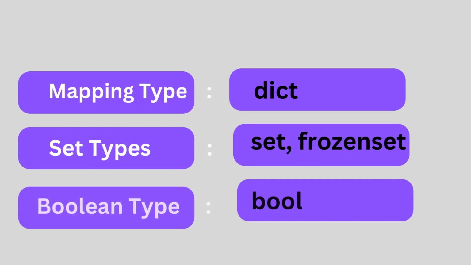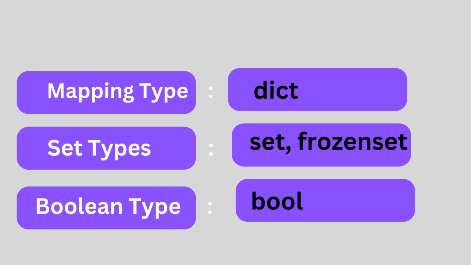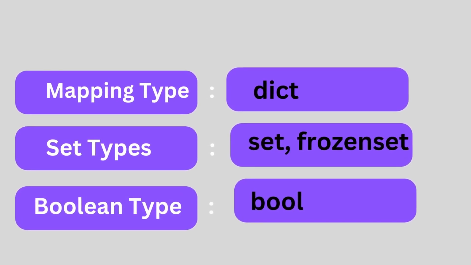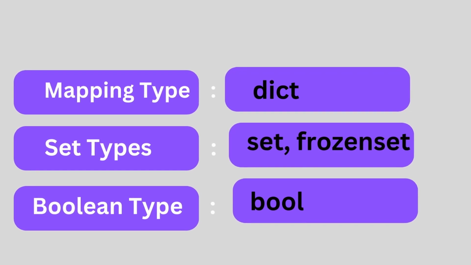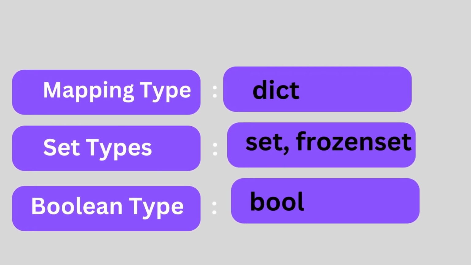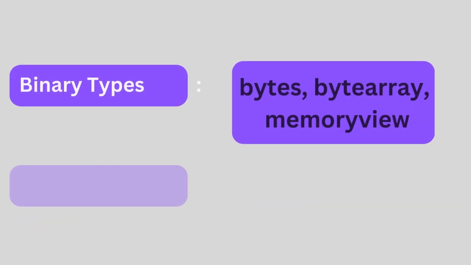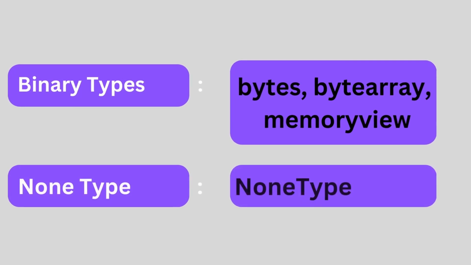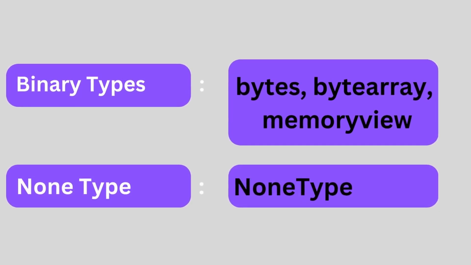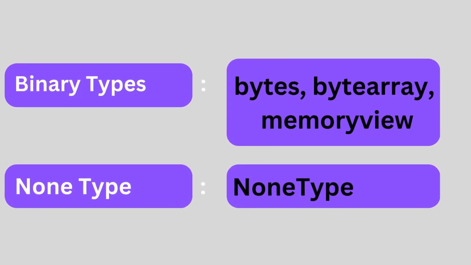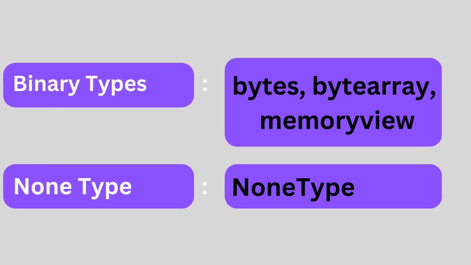And we have set types, which include set and frozen set. Also we have boolean type, which includes bool. And again we have binary types, which include bytes, byte arrays, memory view, and also we have none type, which includes none type. So all this we will be discussing in the further sessions.